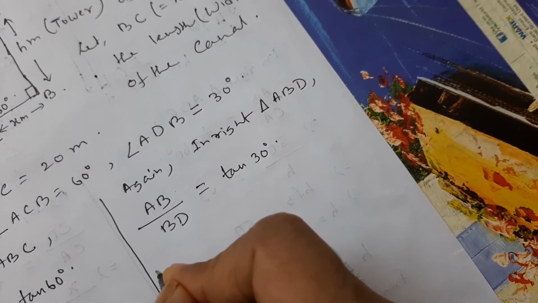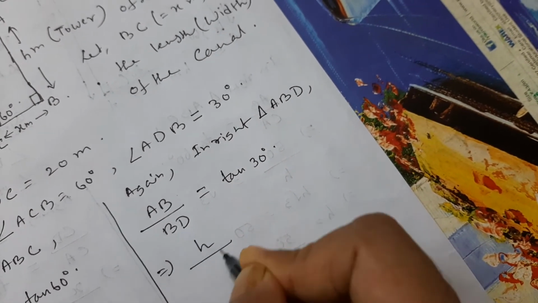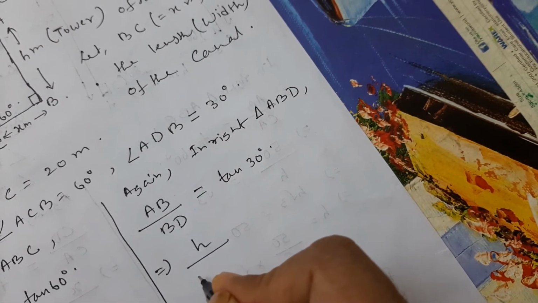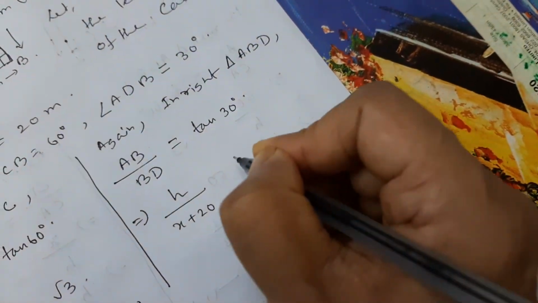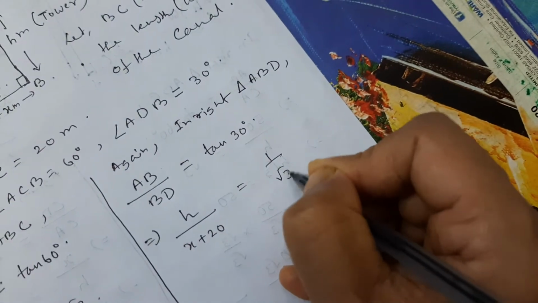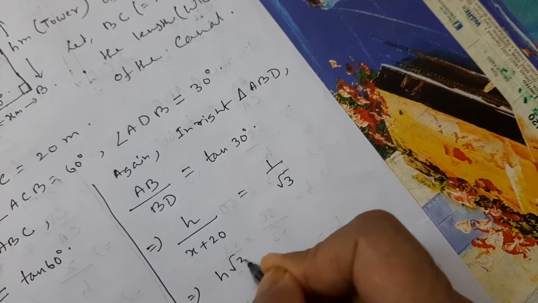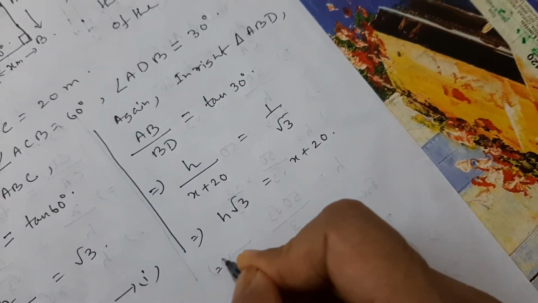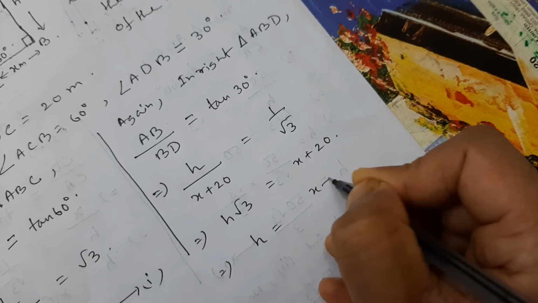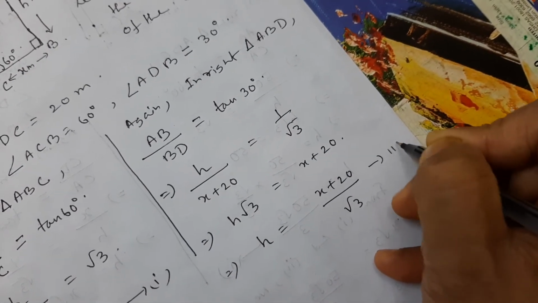In triangle ABD, angle is 30. So AB is h and BD is total length BD, x plus 20. Tan 30 is 1 by √3. So cross multiply, h √3 equal to x plus 20. So h is equal to x plus 20 by √3. This is number 2.